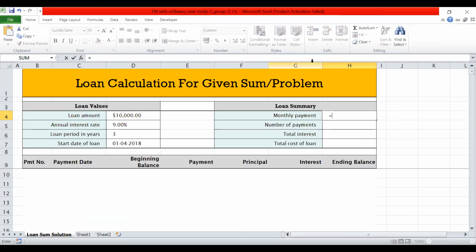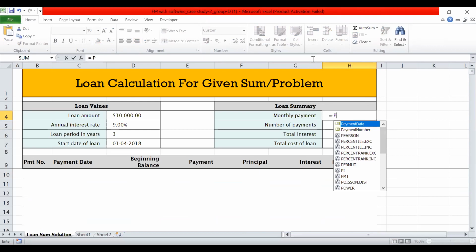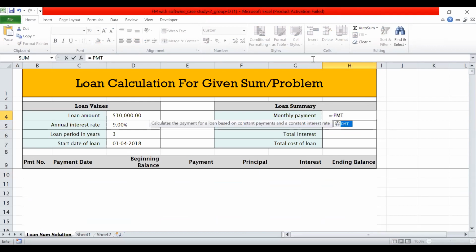So the formula for monthly payment is PMT, that is interest rate, maturity of the loan, comma 0, comma 0.